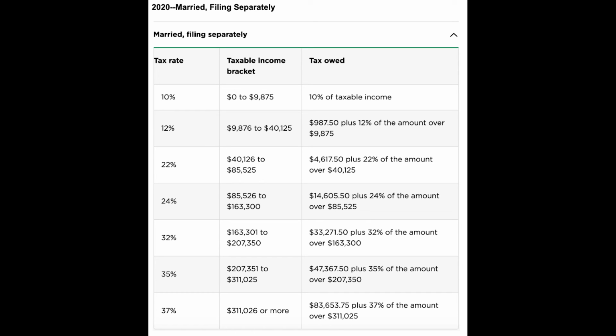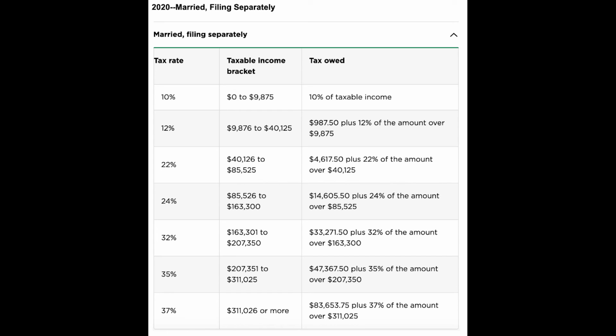If you are at the 24% mark, you will be up to $163,300. And if you are up to the 32% mark, you will have an income up to $207,350. Now, beyond that, if you're looking at the 35% mark, you will have an income up to $311,025. And then the 37% mark is anything above and beyond $311,026.